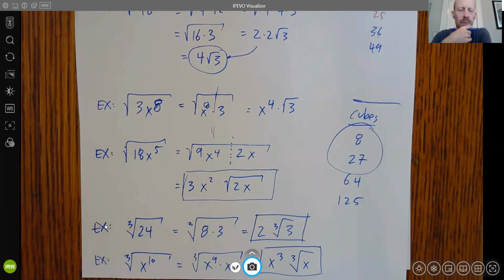Any questions on these? Like I said, if you can do these problems, you can then certainly do harder problems.